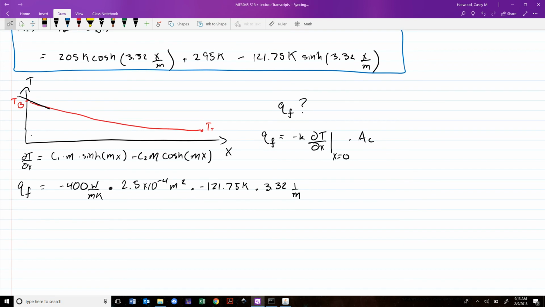Plugging all of this in, we're going to end up with times 400 times 0.025 times 3.32, which gives 40.42 watts.